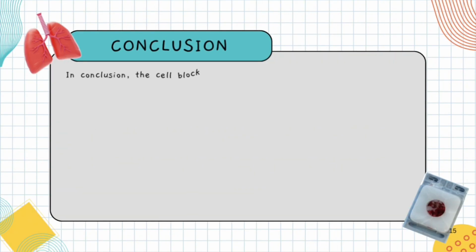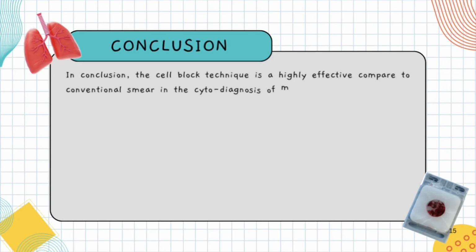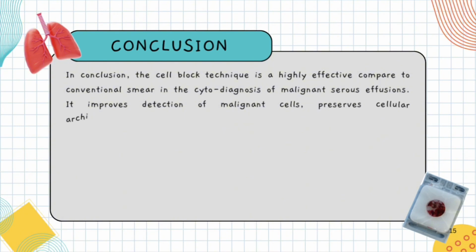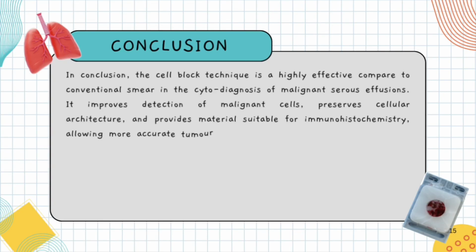In conclusion, the cell block technique is highly effective compared to conventional smear in the cytodiagnosis of malignant serous effusion. It improves detection of malignant cells, preserves cellular architecture, and provides material suitable for immunohistochemistry, also allowing more accurate tumor typing, staging, and grading.